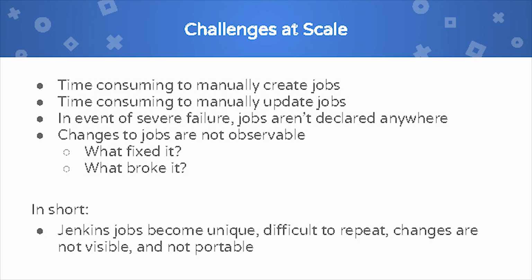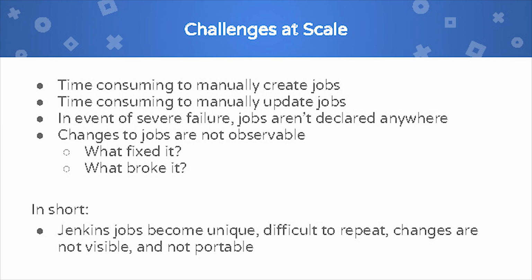And even worse, outside of the tedious part, say Jenkins gets blown away, your jobs aren't declared anywhere. They're gone. Your build history is gone. How you build your code is potentially gone. You haven't defined this anywhere. And guess what? When you make changes in the UI, they're not really observable.